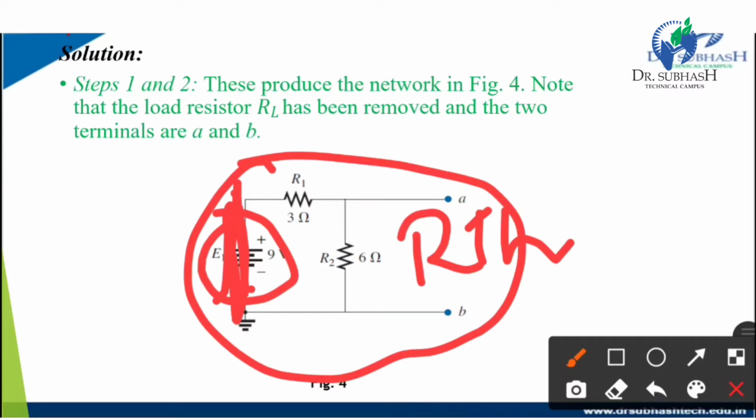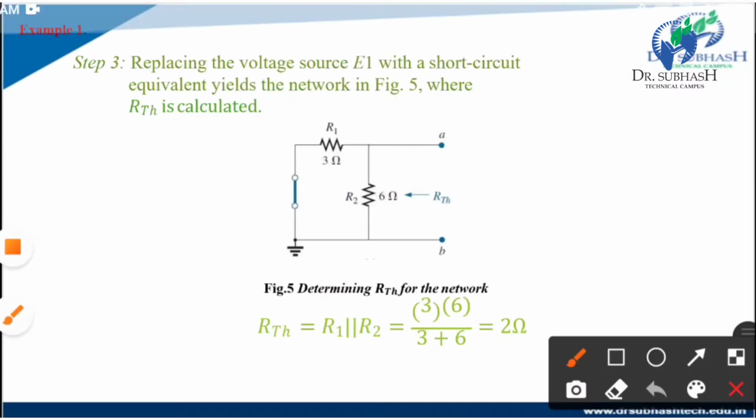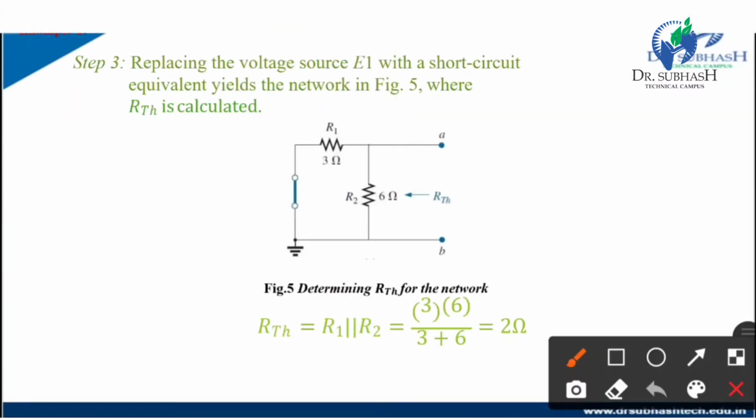For RTH, here we replace the voltage source E1 with its short circuit equivalent. So figure 5 is where the RTH is calculated. Here we can see that R1 and R2 are in parallel, because both are connected in parallel.